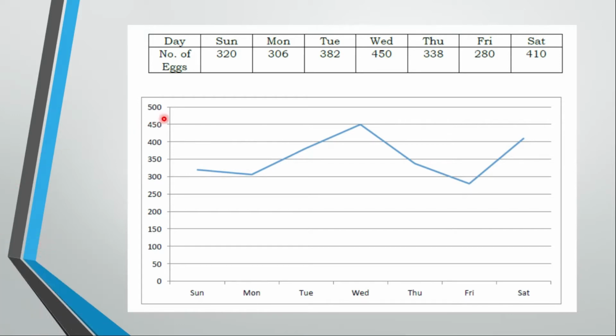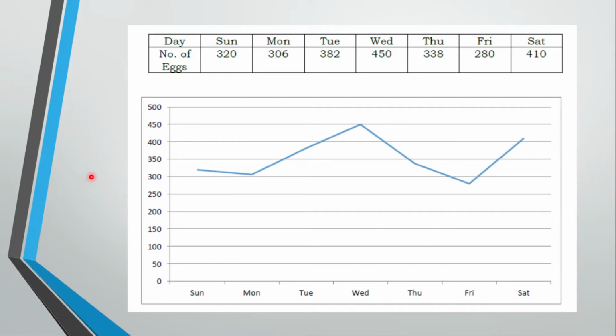In this part, we can see the number of eggs as an example being used. Dito sa vertical axis ay yung number of eggs, at dito sa horizontal axis are the days in a week.